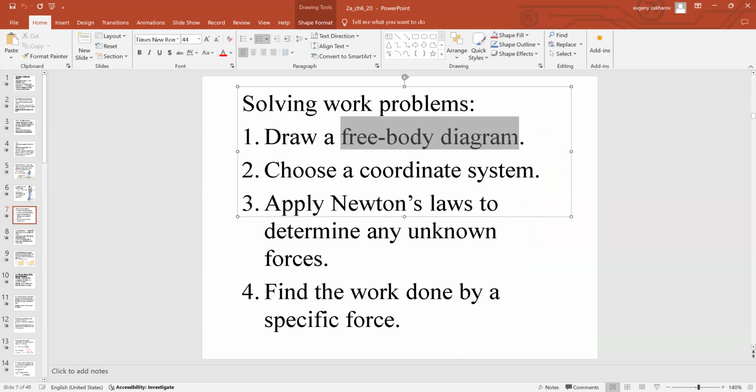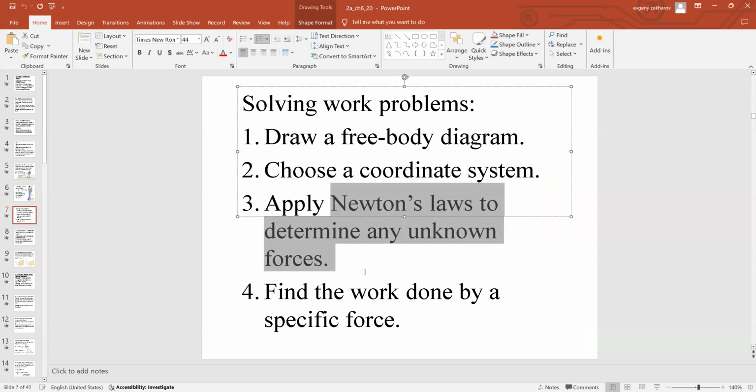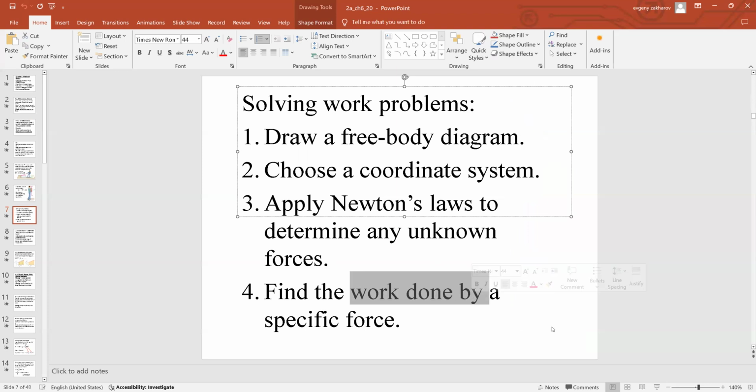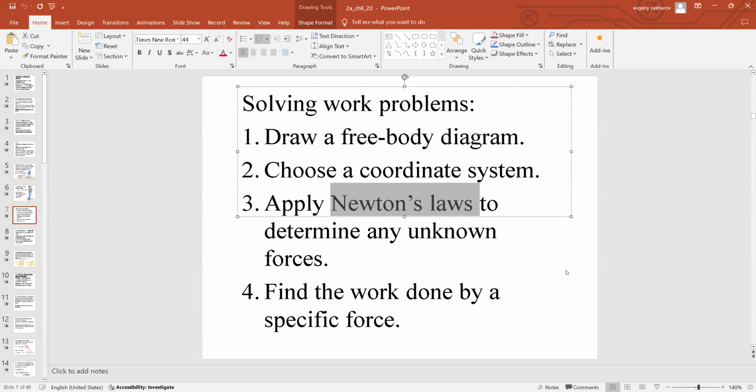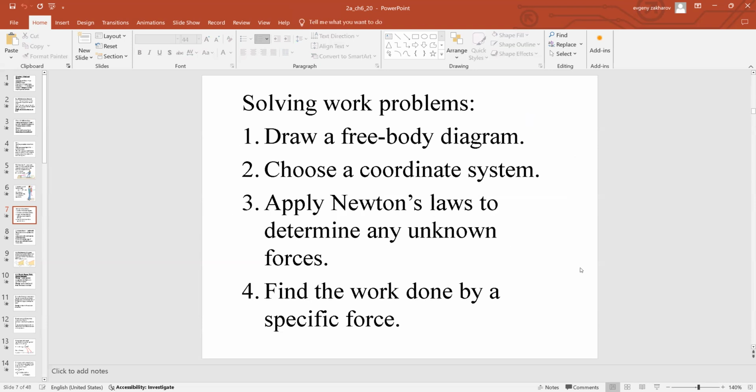So drawing a free body diagram with forces and vectors is still paramount. It's still very important. Showing the X and Y coordinate system is still important. And Newton's laws might show you some unknown forces. You can calculate forces. And then if it's the work done by a force, what do you say? It's force, displacement, and the angle between the two vectors. So we're still working with dynamics. You might actually start as far back as kinematics.